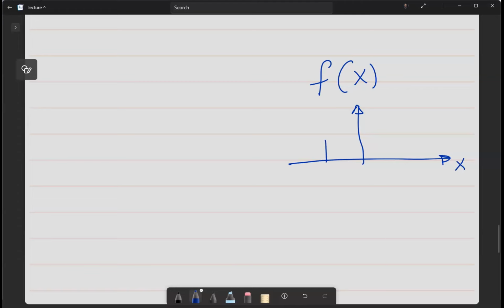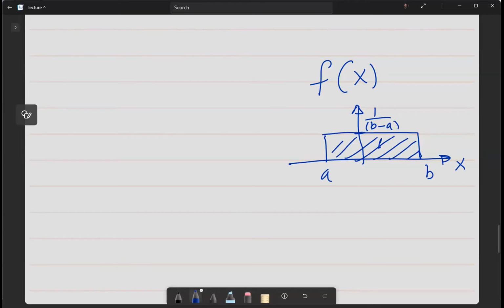So it can be, for example, from any value a to any value b, and it will have a rectangular shape. Here the amplitude will be 1 divided by b minus a. Why? Because the area must be 1.